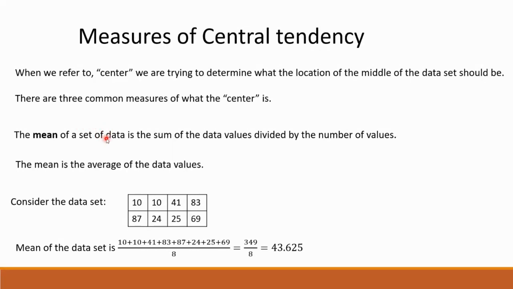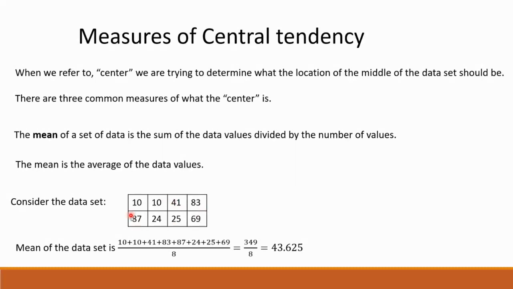That's what the mean is. In other words, you add up the data values together. Remember, we're working with quantitative data, because we can add, subtract, and do all that stuff. So we add up the data values and divide by the number of them. It's just an average, in the typical sense. Here's an example I did. Here's our data.